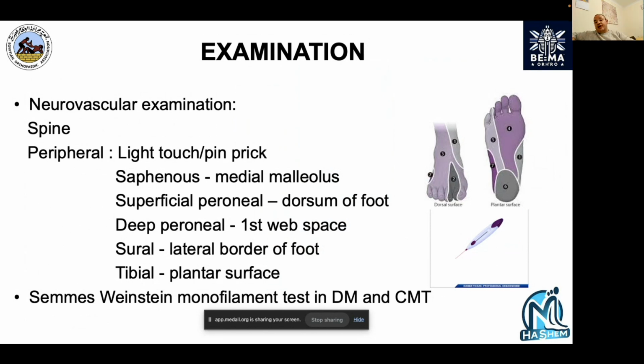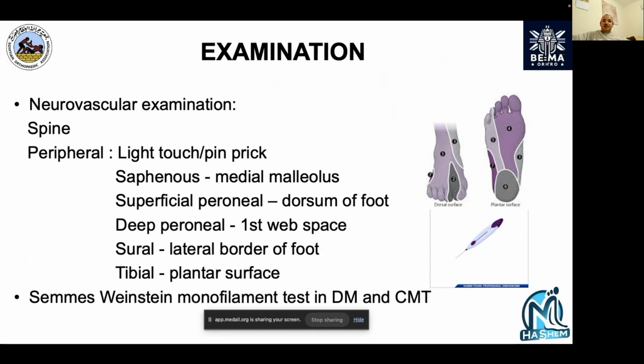Normally, if you touch a normal person with 10 grams, the patient will feel it. If the patient doesn't feel it, they have some degree of neuropathy. You start to push, and the filament will be bending, and this gives you an idea how much neuropathy this patient has. And 10 grams is specific, you need to remember it.